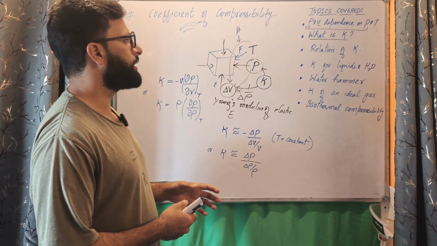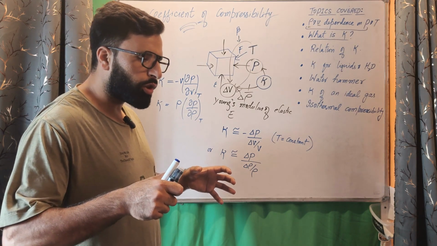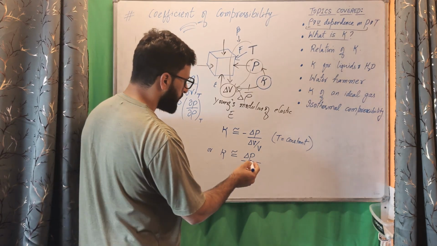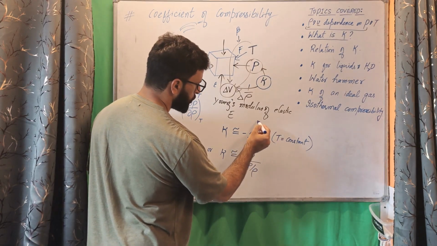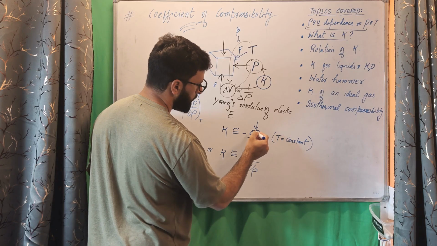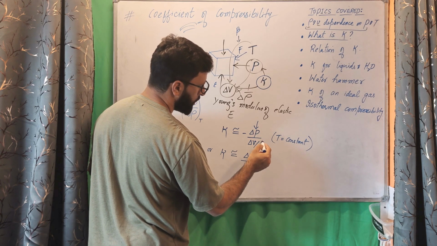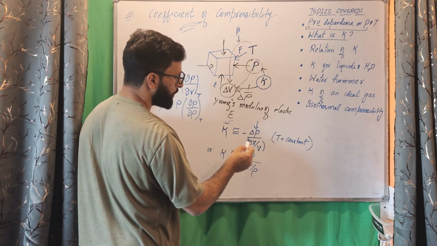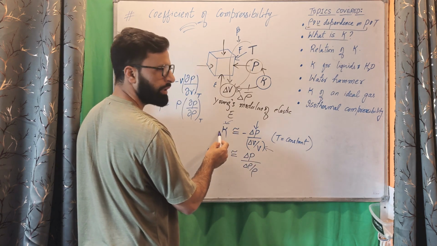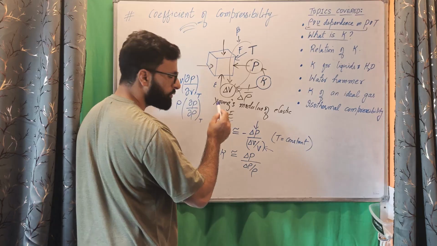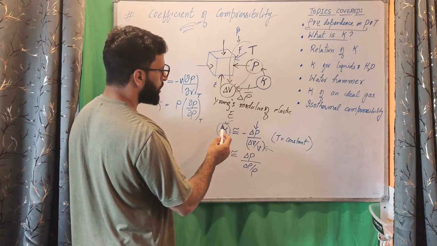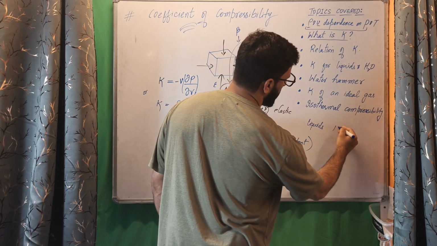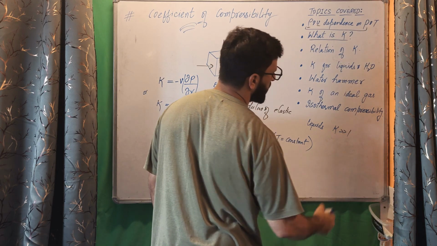But in case of liquids, we have to apply a large amount of pressure to cause a small change in volume, which means the numerator has to be very large to cause a small change in the denominator. When the numerator is large and the denominator is small, this will be even larger, which means for liquids kappa is much greater than 1.